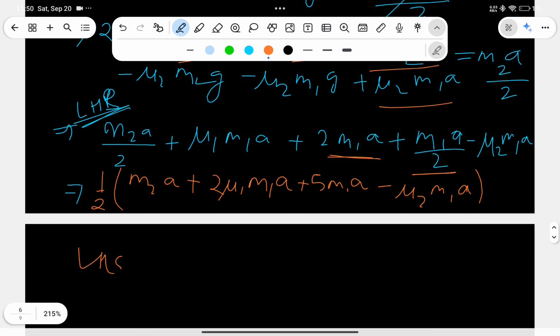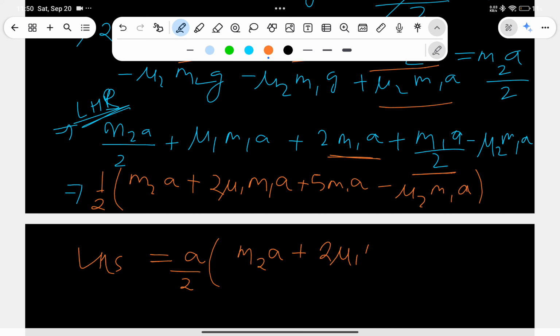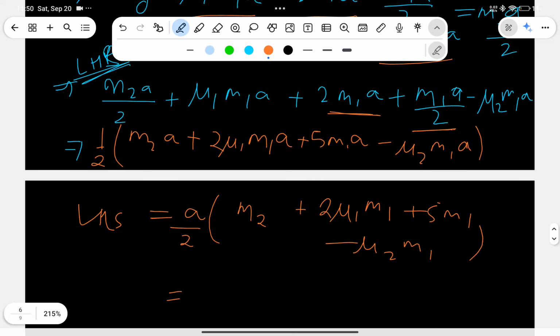So LHS will become a by 2 is equals to mu2 plus 2 mu1 m1 plus 5 m1 minus mu2 m1, this one. Now this will become equal to RHS.